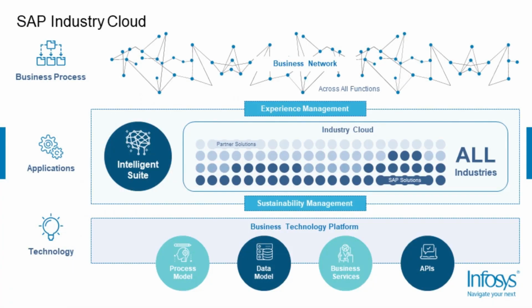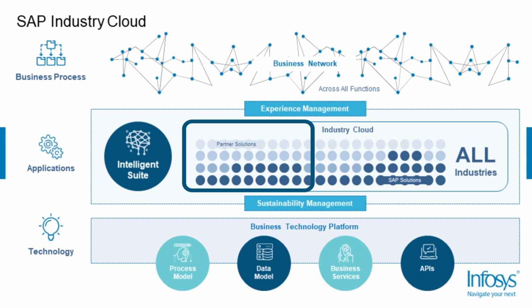Now, let us look at the official representation of the industry cloud from SAP. Partners can build these solutions as well as SAP can build these solutions for the industry cloud, which you see in the middle of the screen. And the industry cloud solutions work with the Intelligent Suite, which is another name for the core of the SAP products.